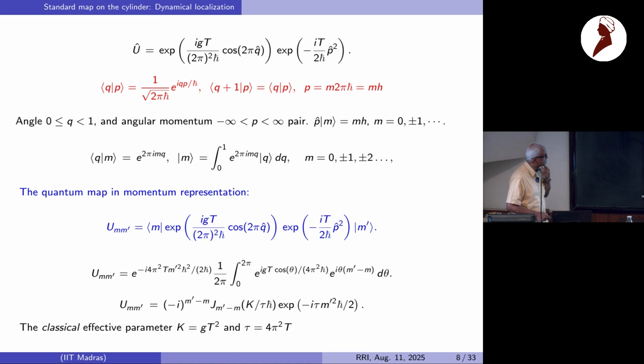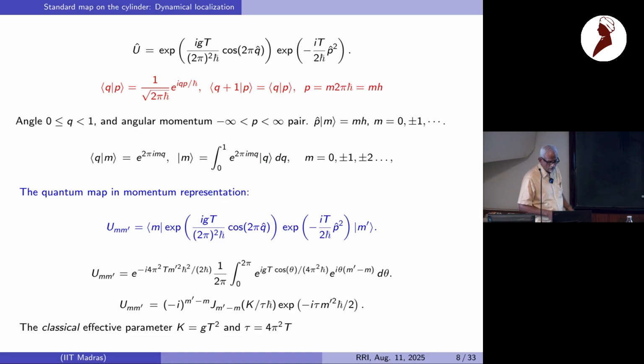Here is the first difference between the classical map and the quantum one. The classical map had only one effective parameter, capital K. Now there are two parameters, K and tau h bar, or K and tau if you fix h bar. So there are two parameters to play around with in the quantum standard map.